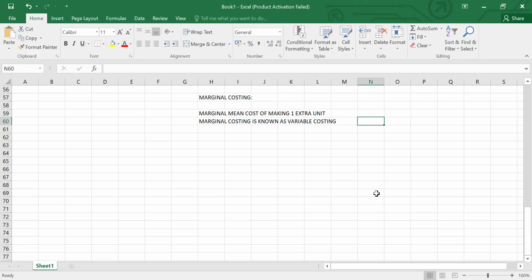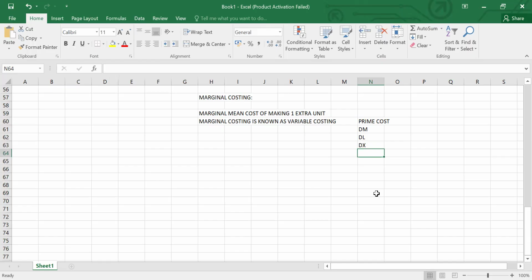Marginal costing is known as variable costing because you have already understood very clearly in the cost classification chapter that prime cost is the cost associated with making a product. Prime cost means direct material, direct labor, and direct expense, right? So prime cost is actually your variable cost. These are all variable by behavior.